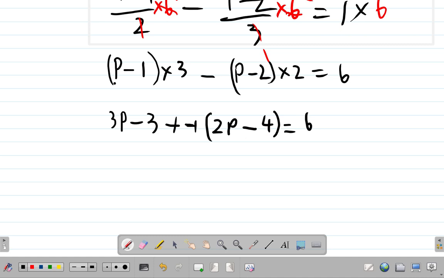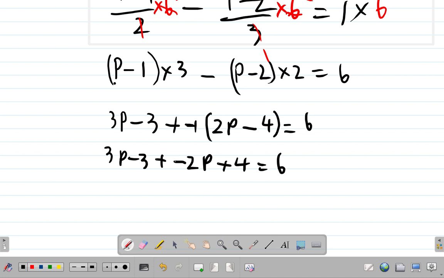Then we have 3p minus 3 plus what? Negative 1 times 2p gives you negative 2p. You see that? Negative 1 times 2p gives you negative 2p. Negative 1 times negative 4 gives you positive 4, and that is equal to 6. So you see that?